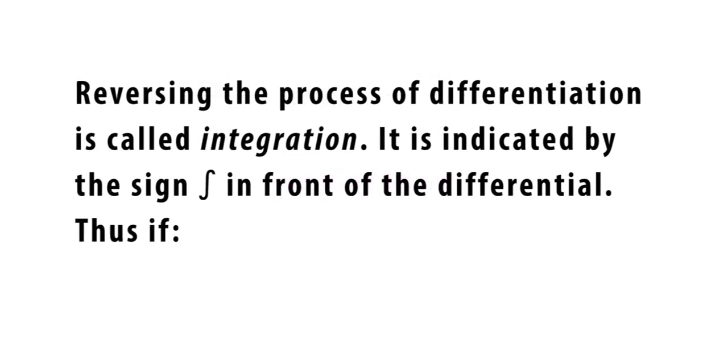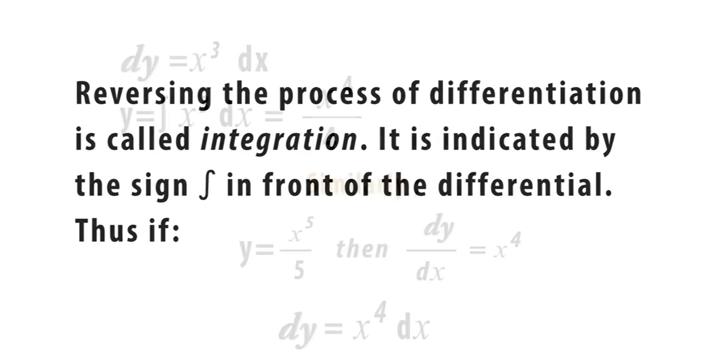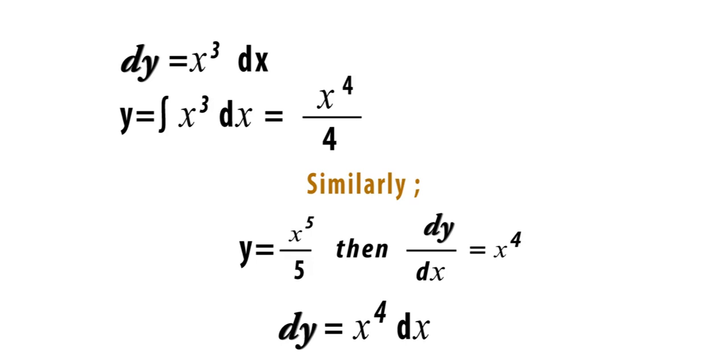Now, reversing the process of differentiation is called integration. It is indicated by the sign, the long S, that's the integral sign, in front of the differential. That is, if dy is equal to x cubed dx, then y is equal to the integral of x cubed dx. And that will be equal to x to the exponent 4 divided by 4.